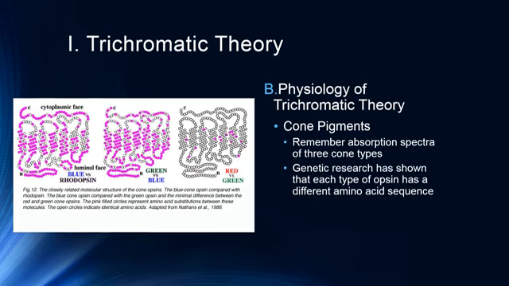But the long and medium wavelength opsins are really quite similar. And what can often happen is those two protein sequences are so similar that you can end up with what's called anomalous trichromacy, in which the absorption spectra are so close together that it's difficult to discern red from green.